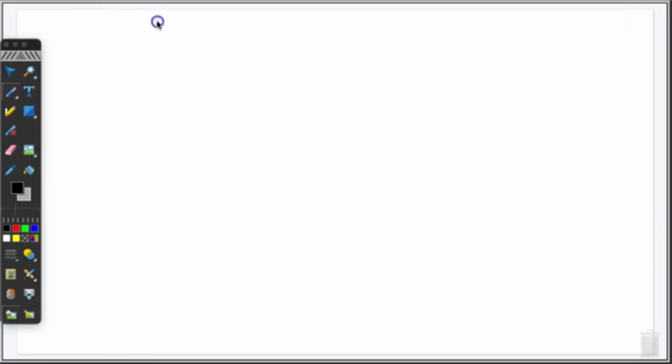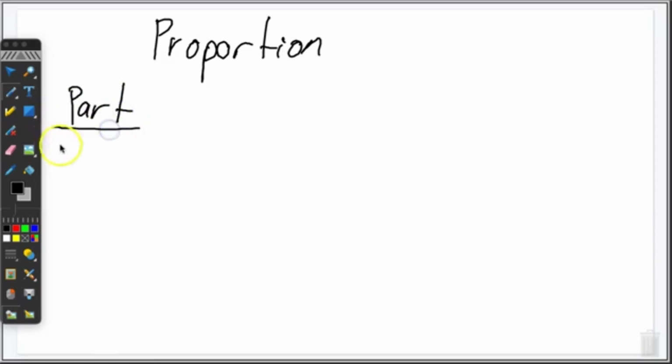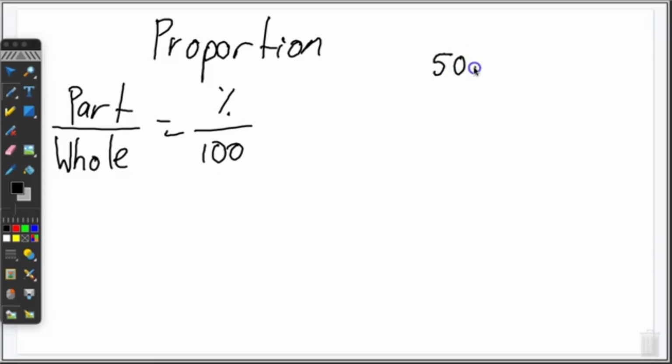This is a proportion question. So we do part over whole equals percent over 100. So to find the whole, we do 50 plus 75, and that will equal 125.